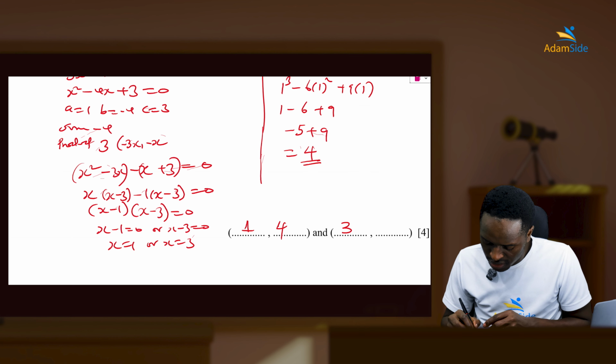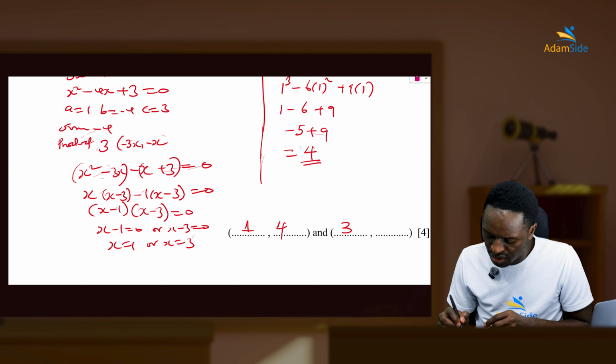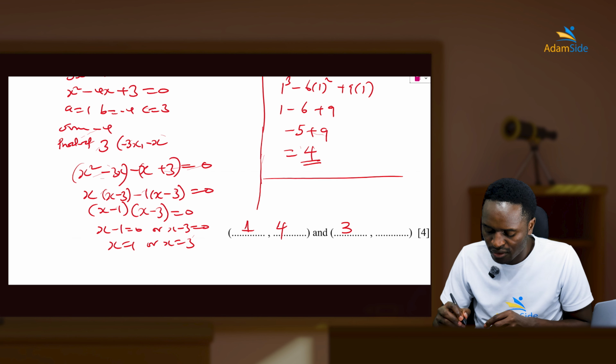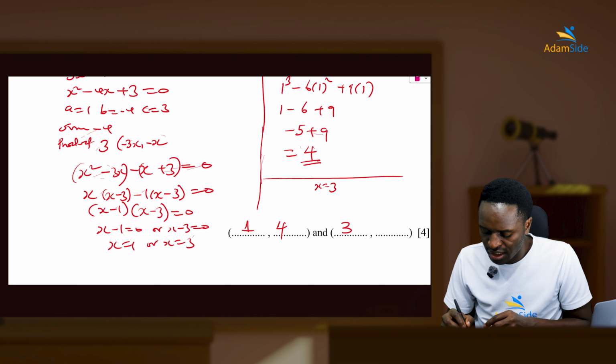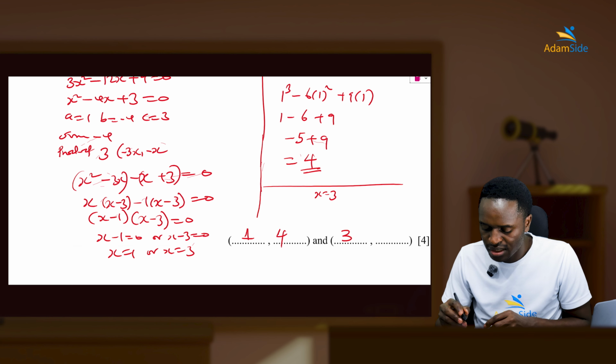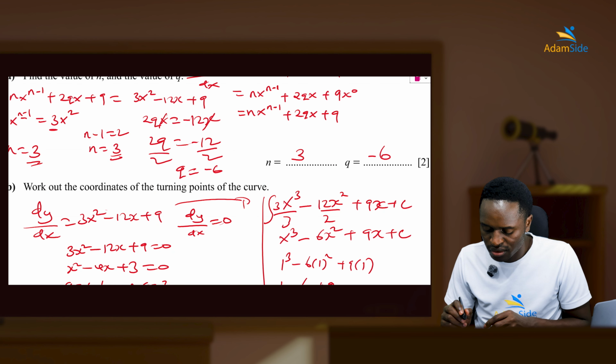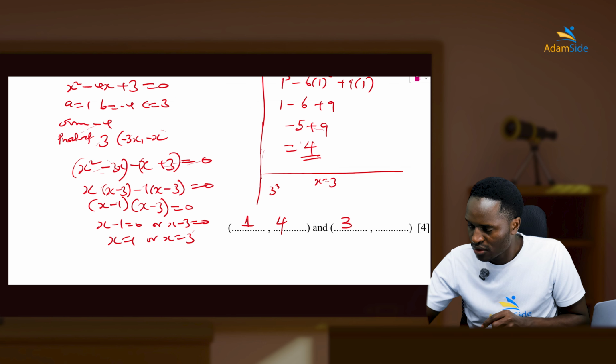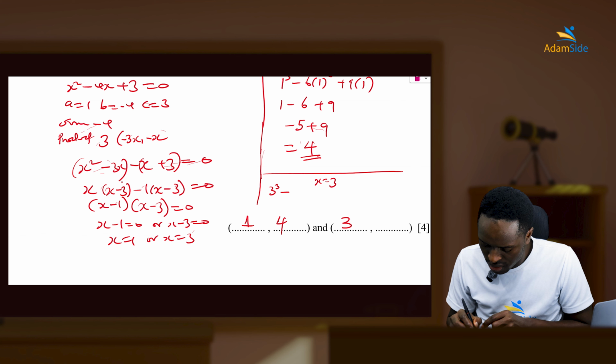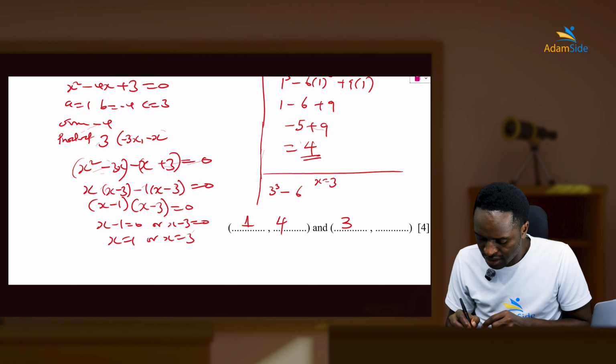So we get 4. And then apply this on the same equation, apply 3 on x. So when x is 3, what do you get? You say 3 cubed minus 6 into 3 squared plus 9 into 3.